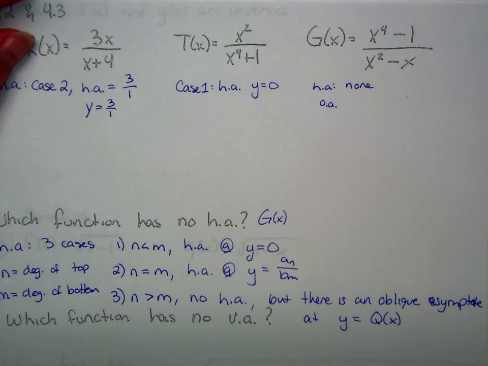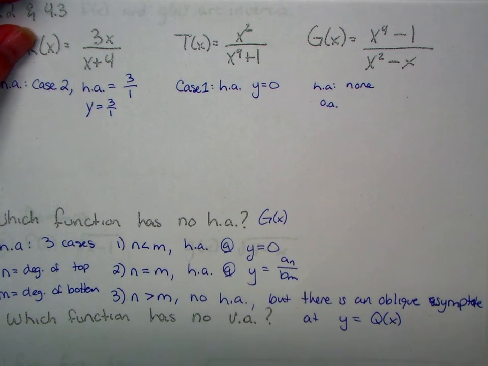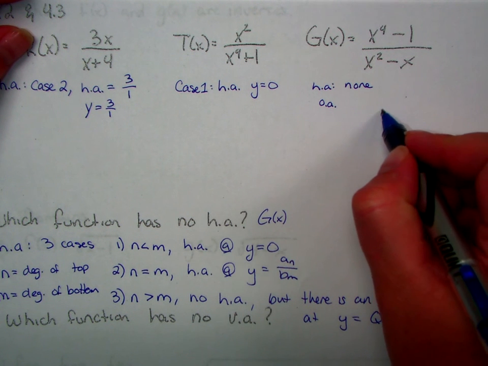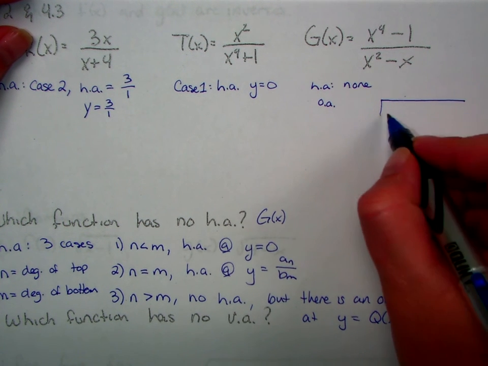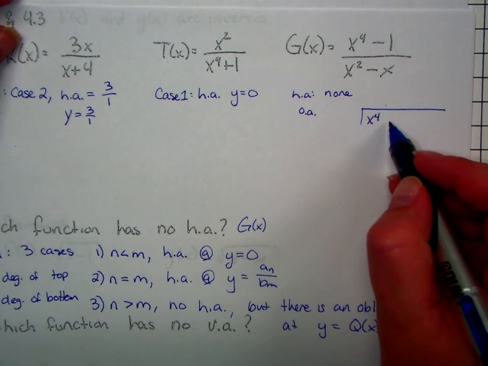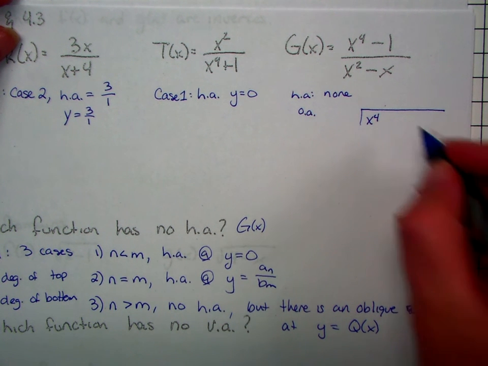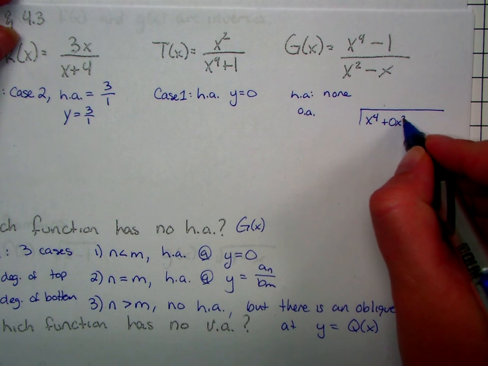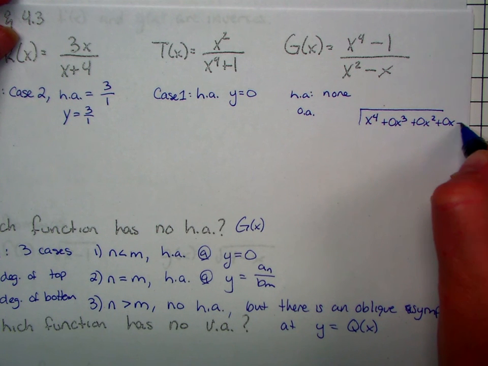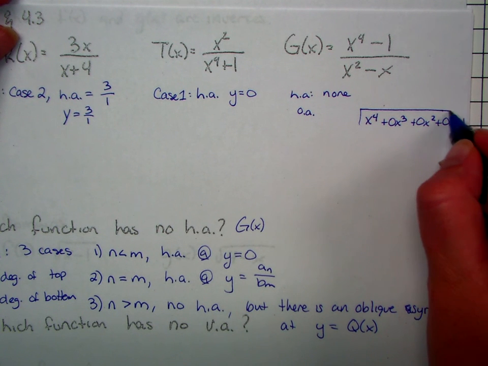Okay, but let's go ahead and find this oblique asymptote. So I need to divide x to the fourth minus 1, which means I need placeholders for x cubed, x squared, and the x. And then minus 1 goes at the back there.